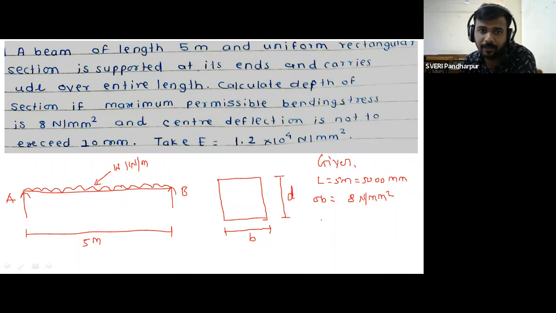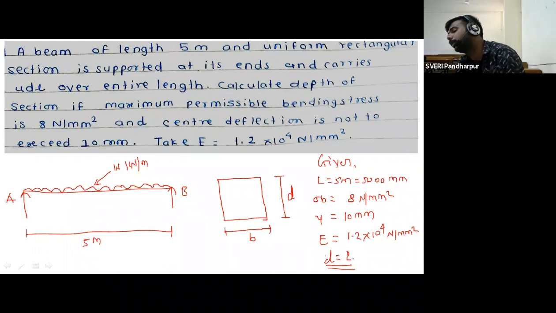Deflection, that is Y is given 10 mm. E is also given 1.2 into 10 raised to 4 Newton per mm square. And what they have asked, calculate the depth of section, that is D. This vertical distance we have to calculate.